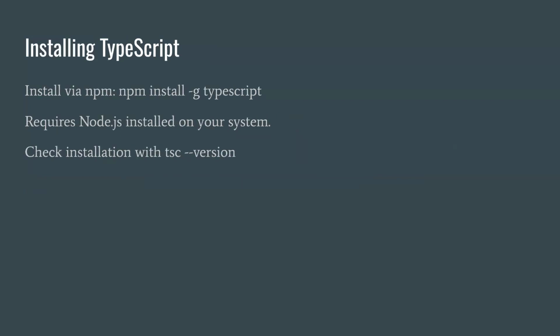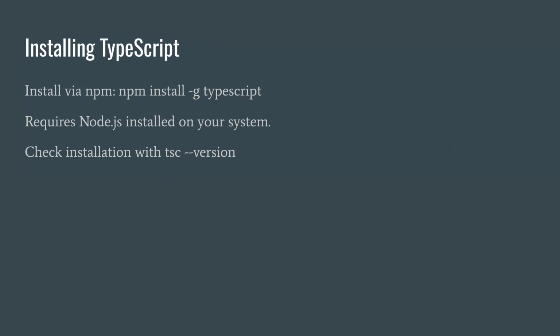Installing TypeScript. So if you're working with a framework that supports TypeScript, TypeScript would be automatically installed. But if you're starting from scratch, in order to use TypeScript, you need to install it. You can easily install TypeScript using npm, the node package manager.